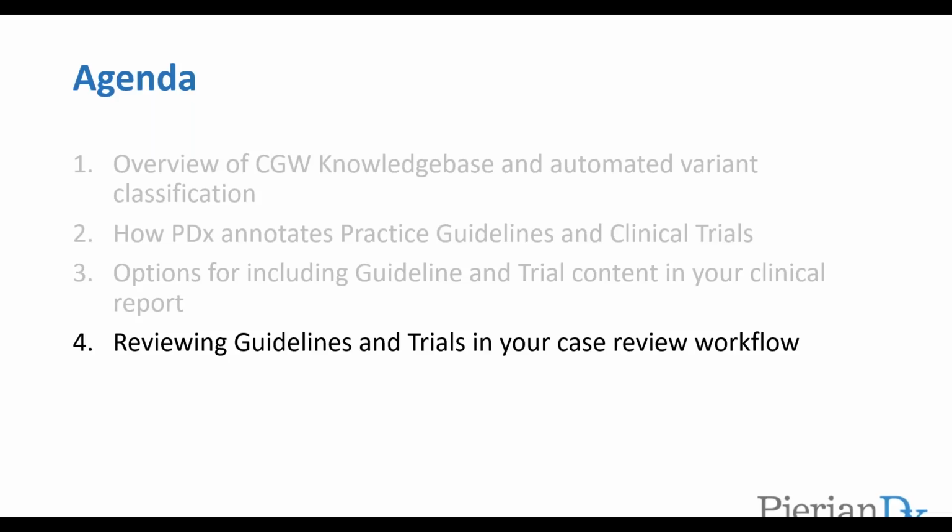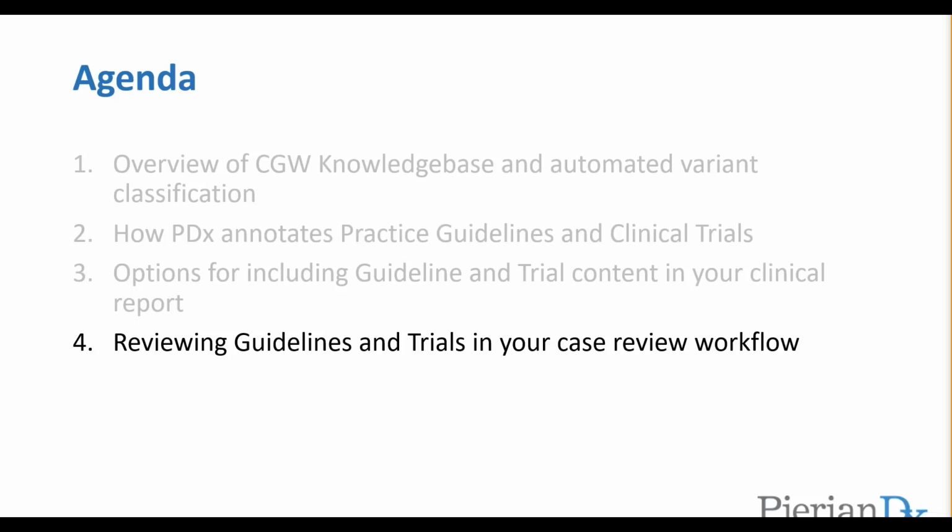Now, some of you will be familiar with this simpler display of clinically relevant results, where all variant content, be it interpretations or trials, appears in a single table. One can simply write in information about an NCCN guideline that is relevant to this variant and make that part of their interpretation.